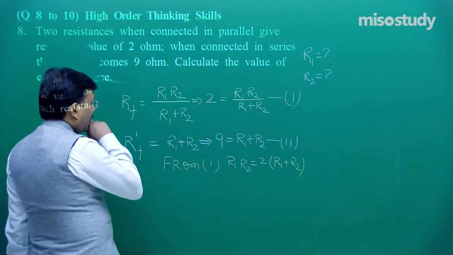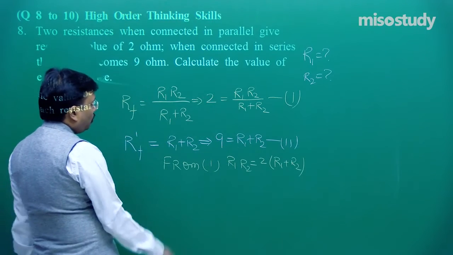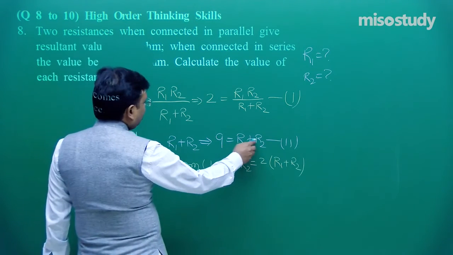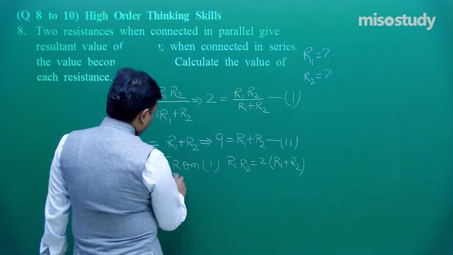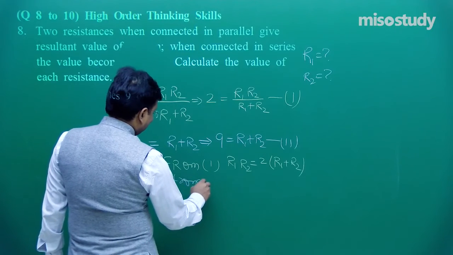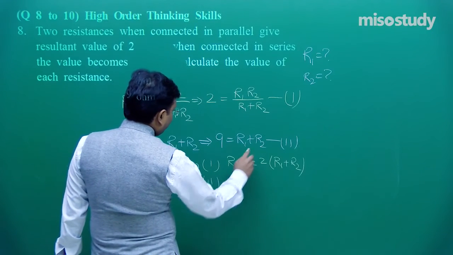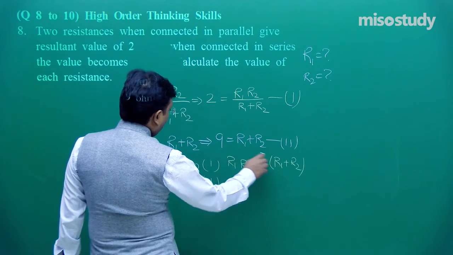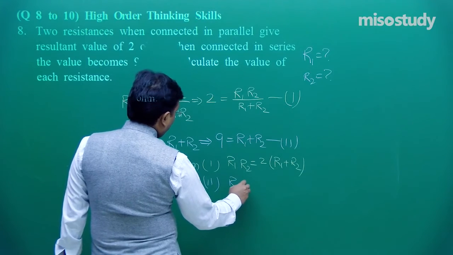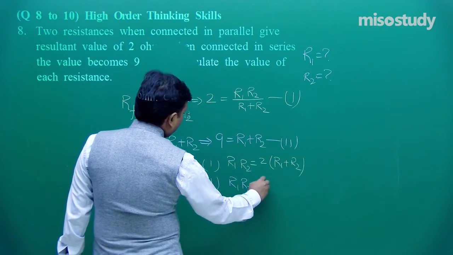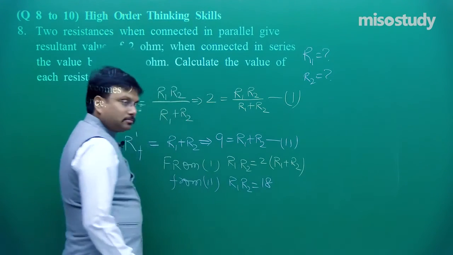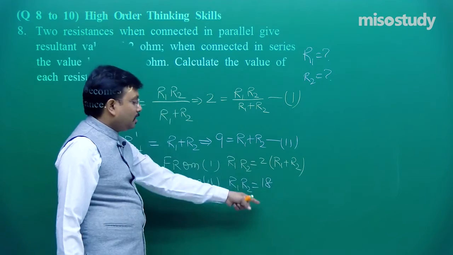And from equation 2, you know that R1 plus R2 is equal to 9. So, R1 R2 is equal to 18. Put the value of 9 over here.